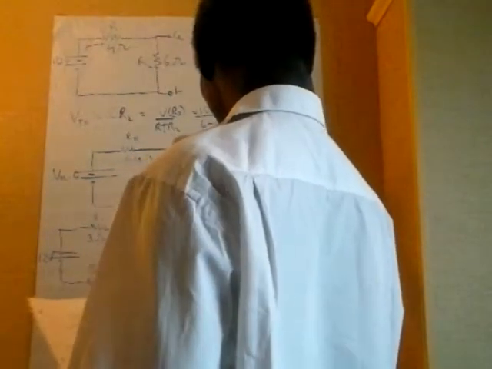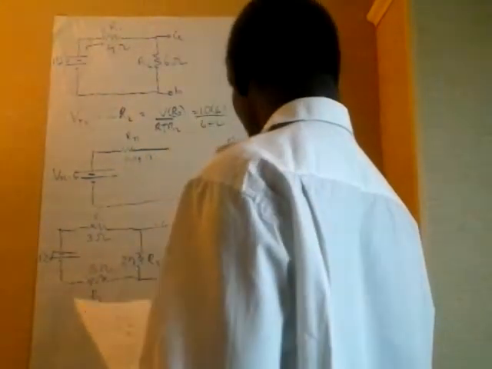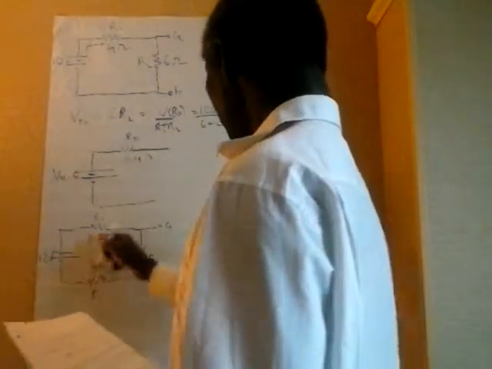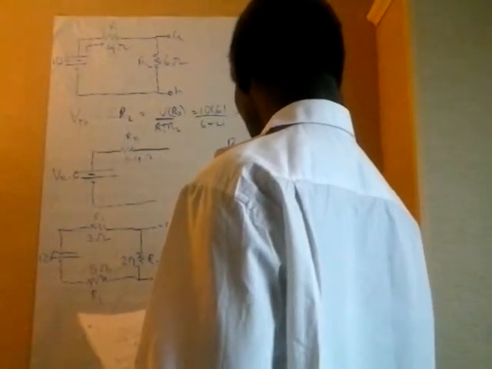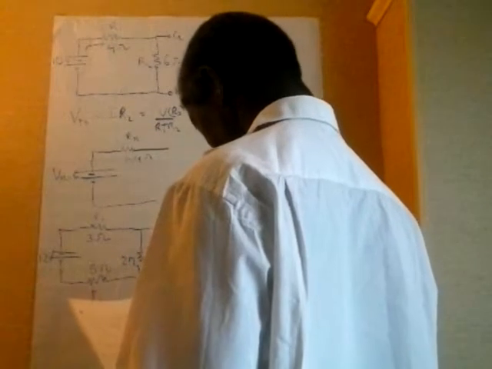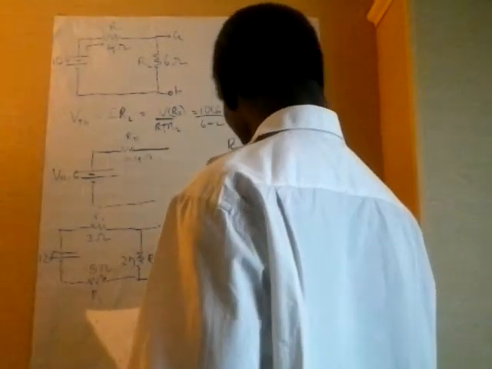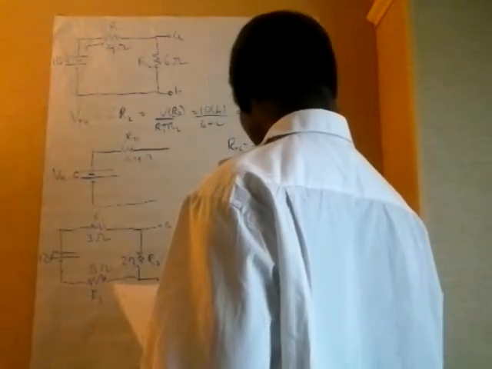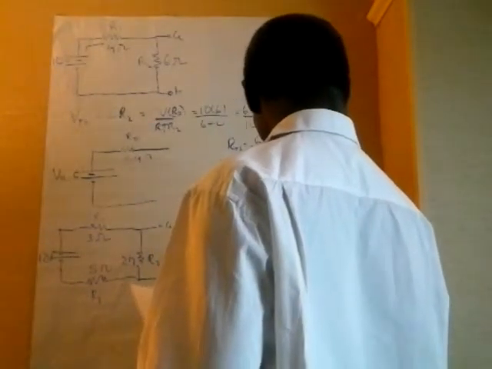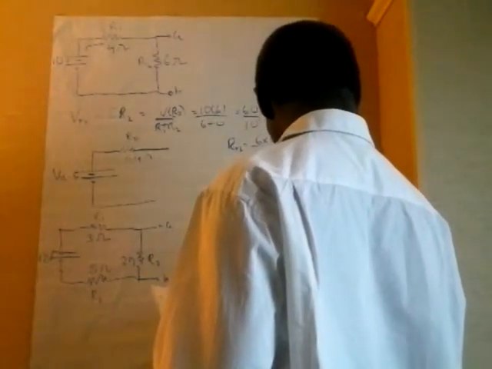So that would be equal to 2 times 5 plus 3, 8, over 2 plus 8. And that's equal to 16 over 10, which is equal to 1.6 ohms.